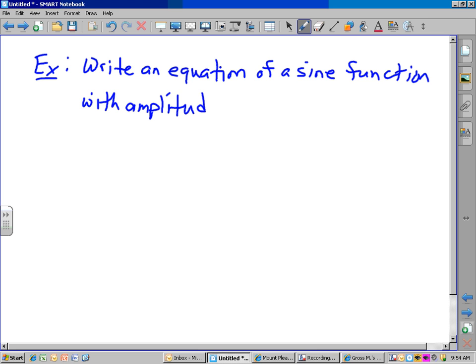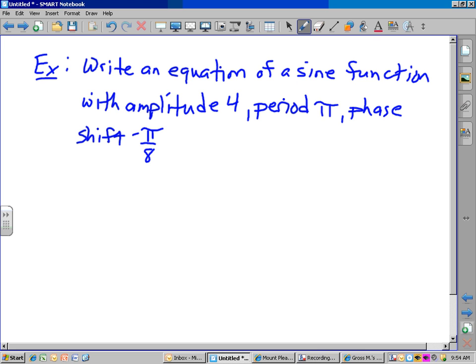Amplitude 4, period pi, phase shift negative pi over 8, and vertical shift of 6.